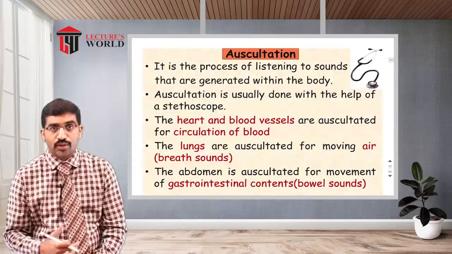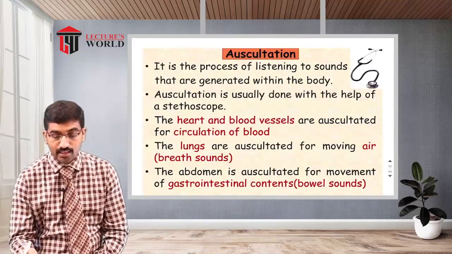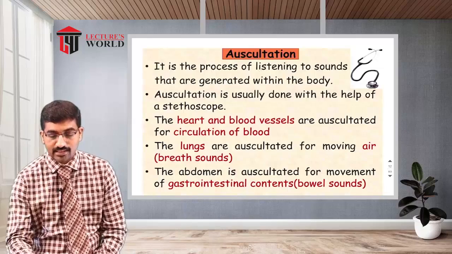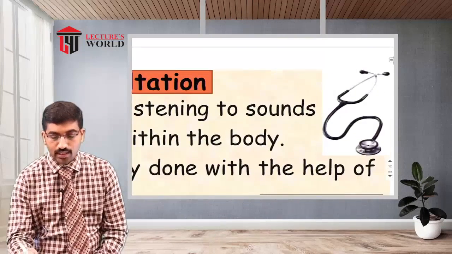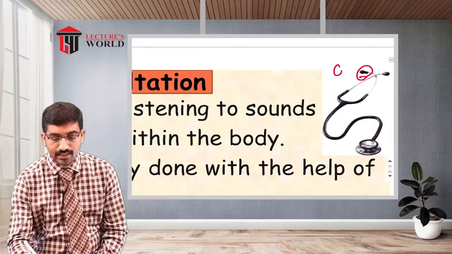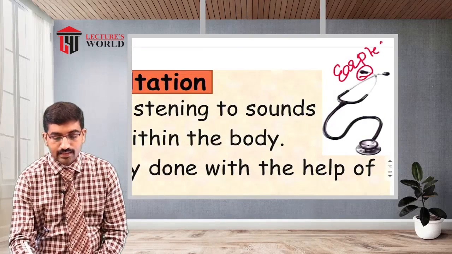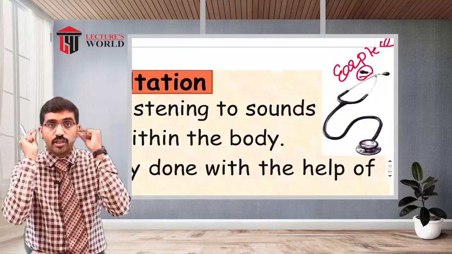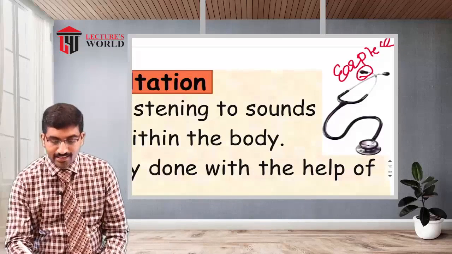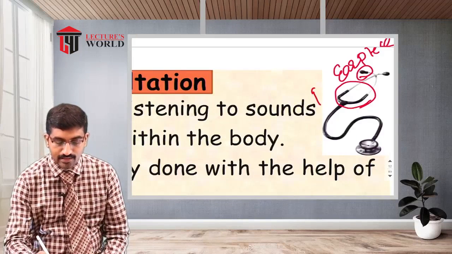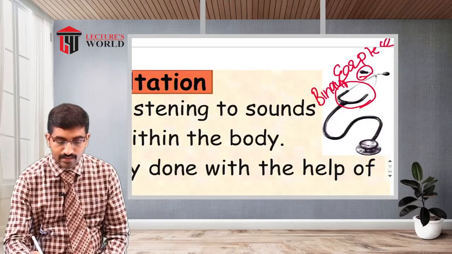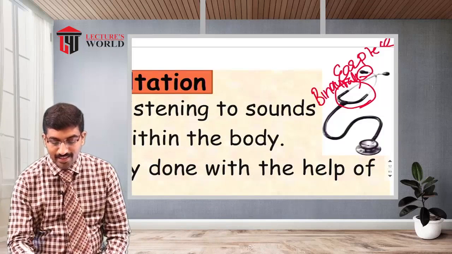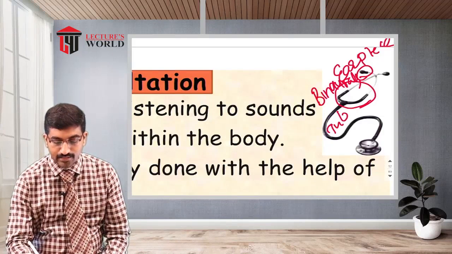So that also I'm going to give you in a brief way. I just give you how the stethoscope is. This part is known as the earpiece, which we keep on the ear. This is binaurals. Then these are tubings.